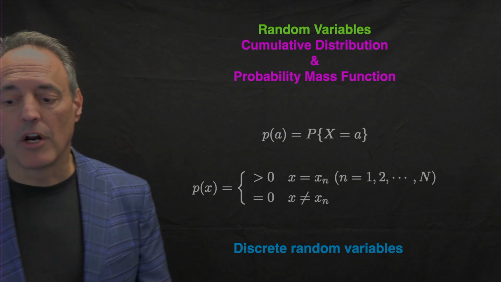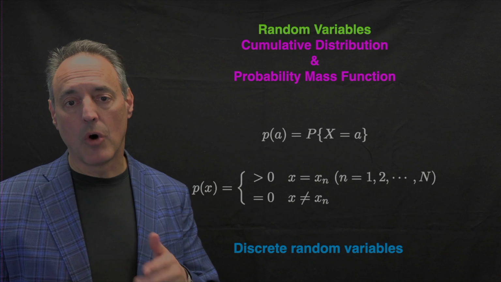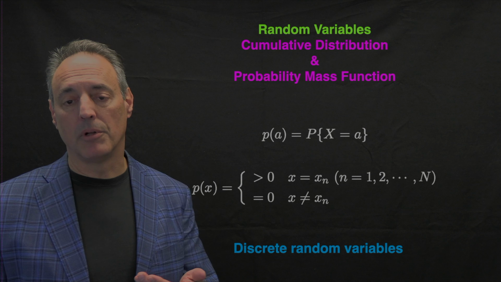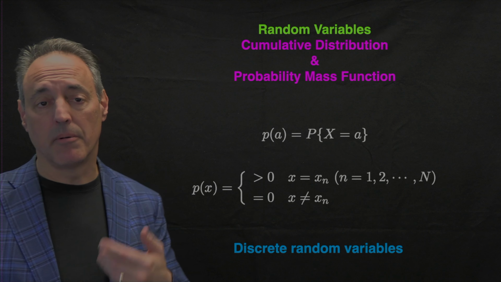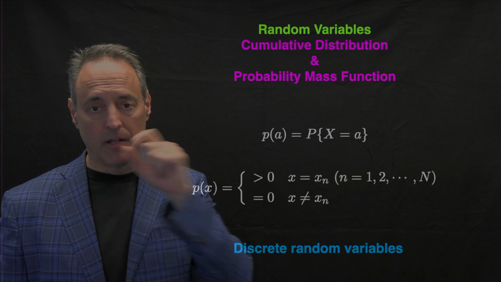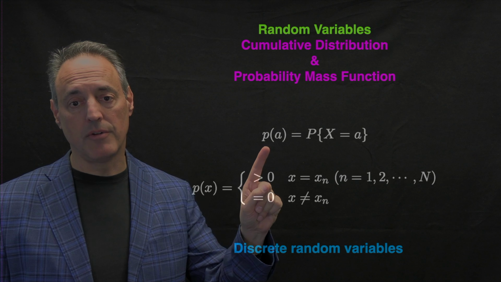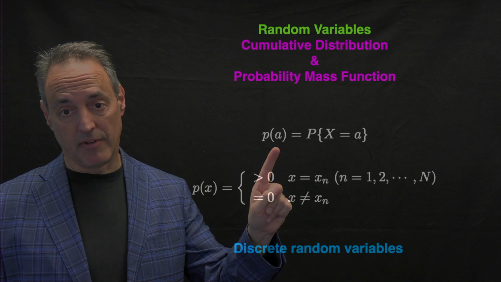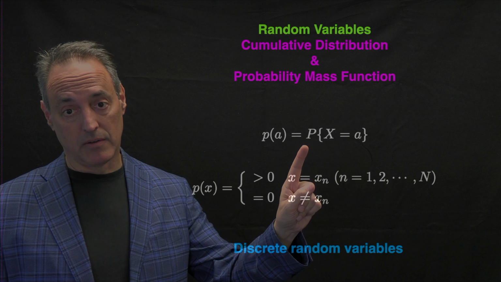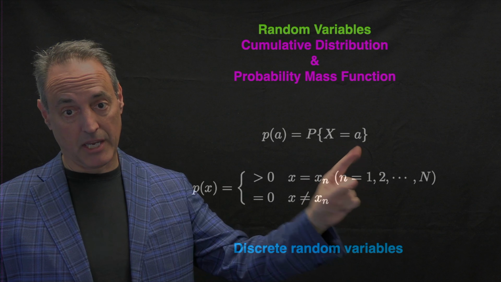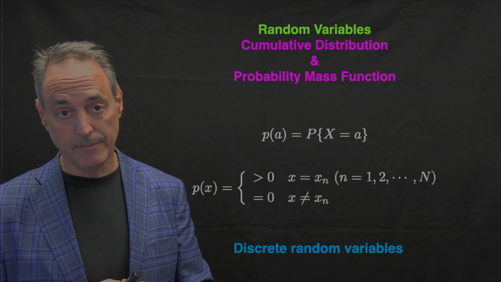So let's keep working on this idea, and we're going to keep going in terms of thinking about probabilities and defining also what's called a probability mass function. The probability mass function here for a discrete variable, little p of a, is the probability of the random variable taking on the value of a. Okay?